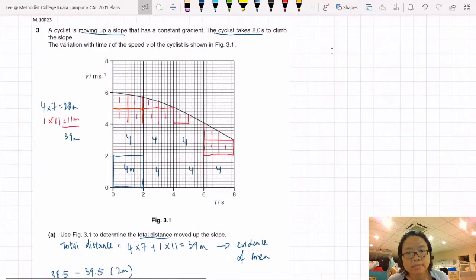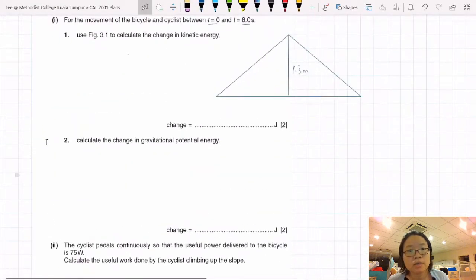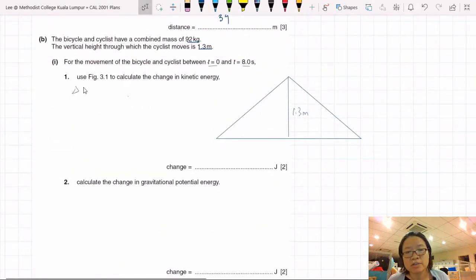Right now, we are trying to find, because you are going to drop from 6 to 3, the change in kinetic energy, just half mv squared minus half mu squared.